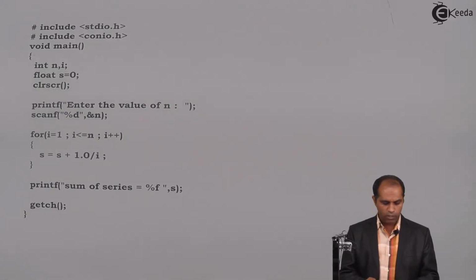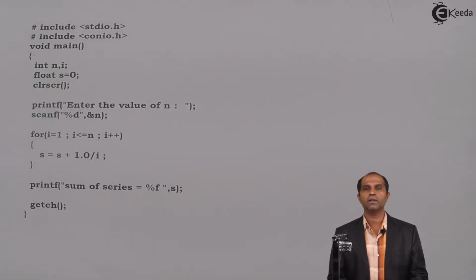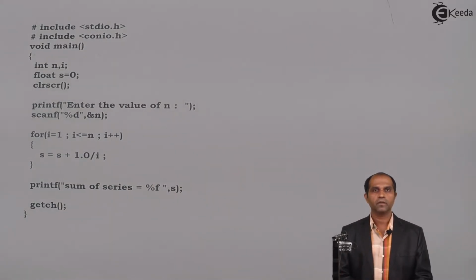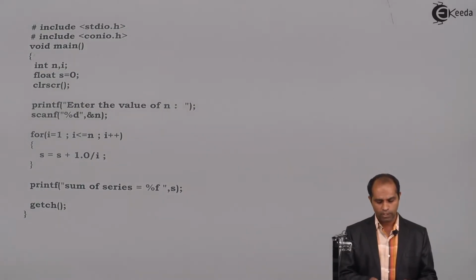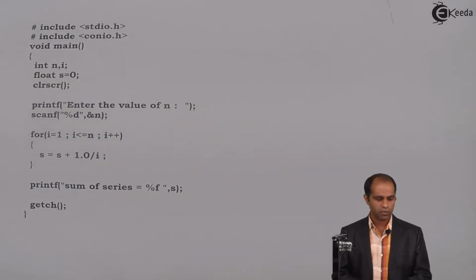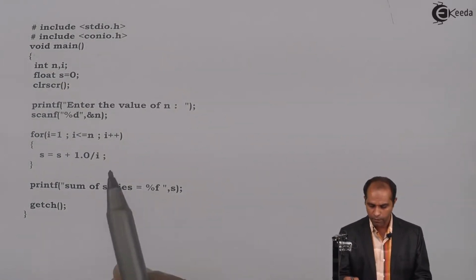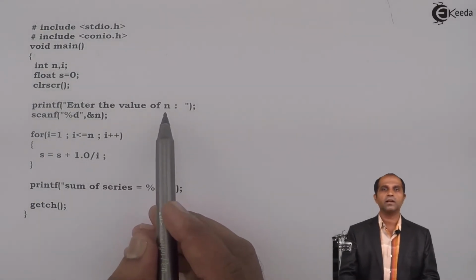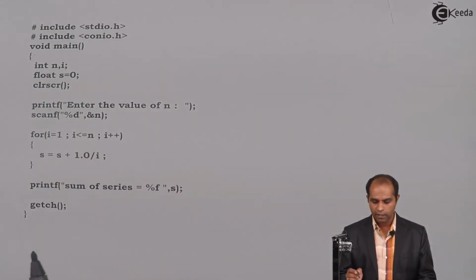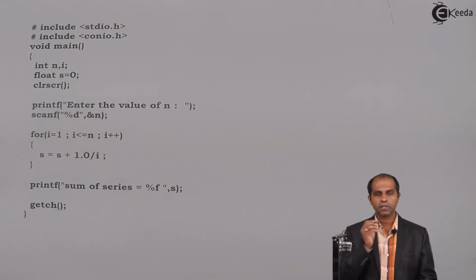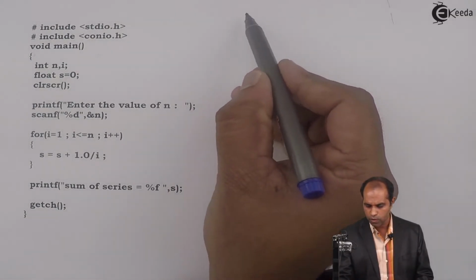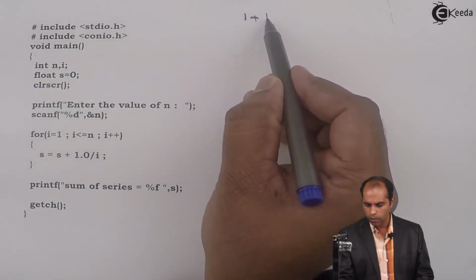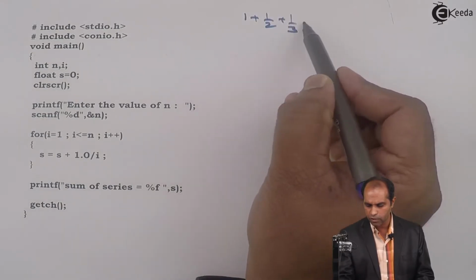Now let's look at the program used for implementation of that particular series program. We have discussed three series altogether: 1 by 2, 1 by 3, 1 by 4, 1 by 5, and so on. And then we change the series. I'll put up those series again when we discuss the entire program session. As usual, I'll ask the user to enter the last number, that is n. The first series which I used was 1 plus 1 by 2 plus 1 by 3 and so on.